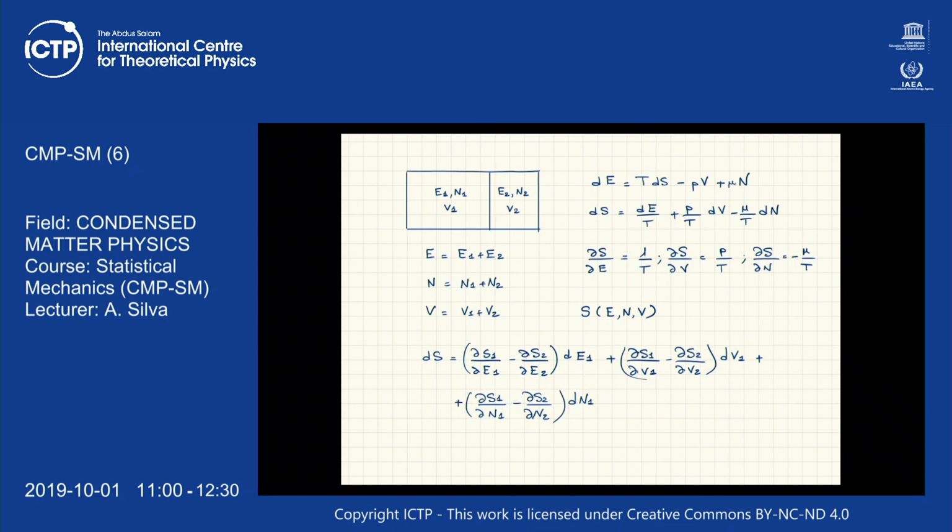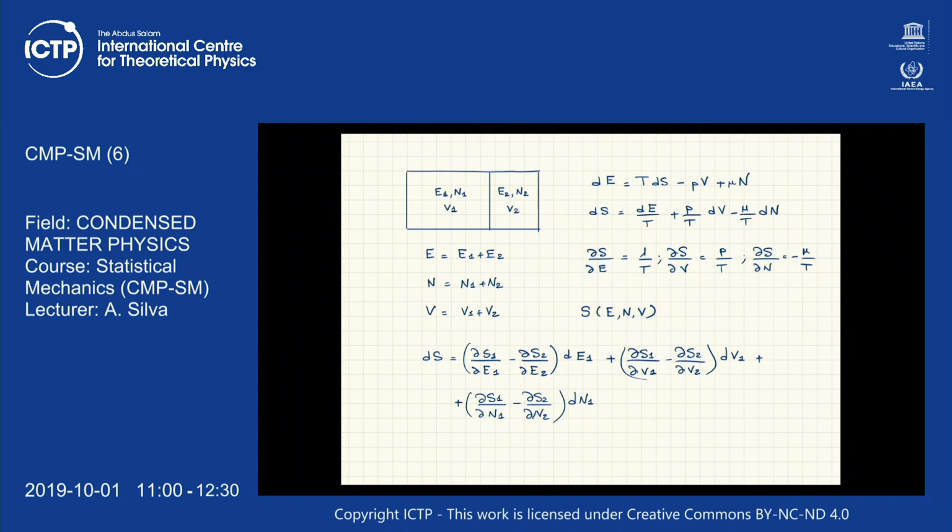Now, if E1 and E2 can vary, maintaining this constraint, then it's clear that you pick a minus sign here because you're using V2 as a variable, and that's it. And this is how you will get it. And now, what you want is that the system is in equilibrium. Now, if this system is in equilibrium and it's thermally isolated, right?